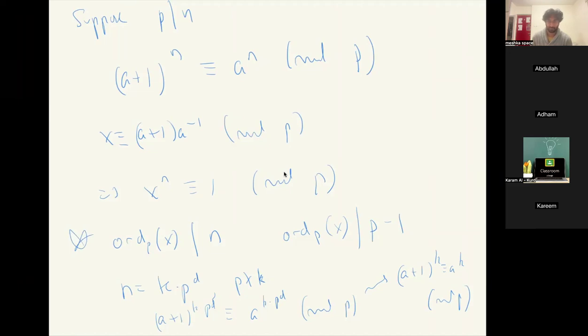The order cannot divide p because it's a factor of p minus 1, so it has no factors in common with p and no powers of p. So since it divides n, it also divides k. So this will give us that the order divides k.